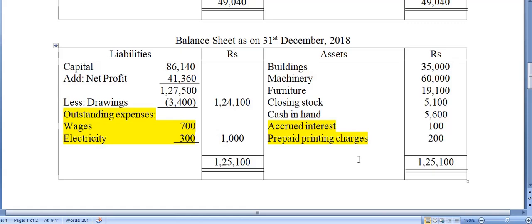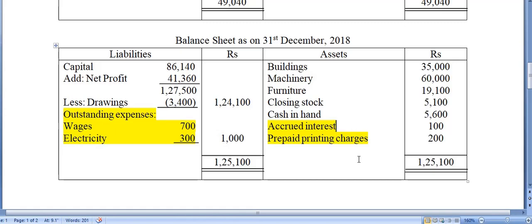And remember, until you match the balance sheet, you must refer to the question again and again. You have to look at the question till the end of the solution. When you start the solution from the trading account, look at the question. Then you prepare the PL account, again look at the question. While preparing the balance sheet also, you have to look at the question.